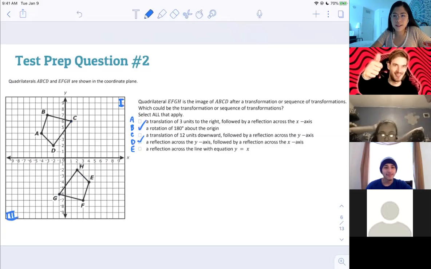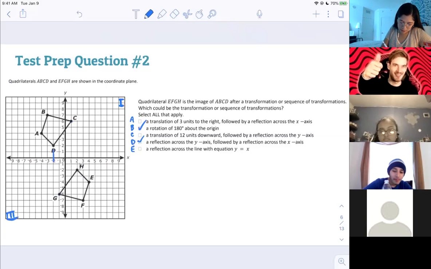All right. The reason C is incorrect, because I know a couple people sent me C, is because, let's look at what happens. Translation 12 units down would put me, let me see, 12, that's here. So D would be here.